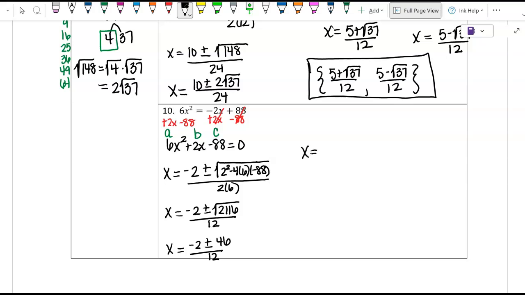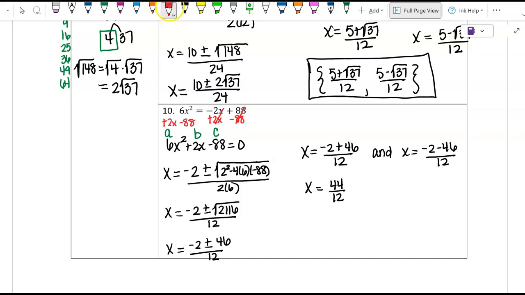So we get x equals negative 2 plus 46 divided by 12, and x equals negative 2 minus 46 divided by 12. So we have x equals 44 over 12.